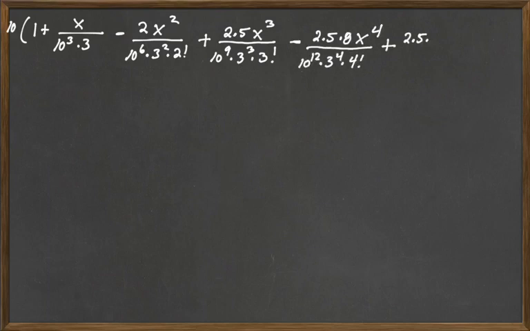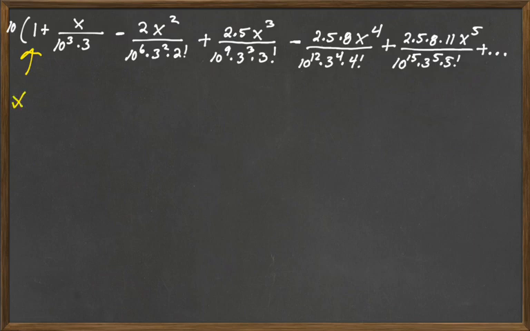So we're going to go ahead and just rewrite what we just wrote down there, and we'll see if we can notice some patterns here. So the patterns for the x: x to the 0, x to the first, x squared, so we got a pattern going on there.